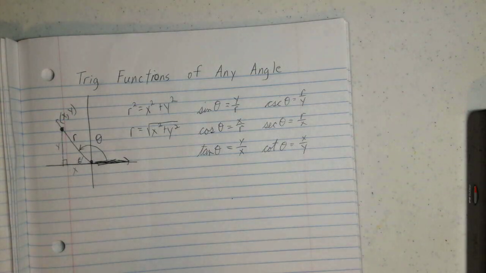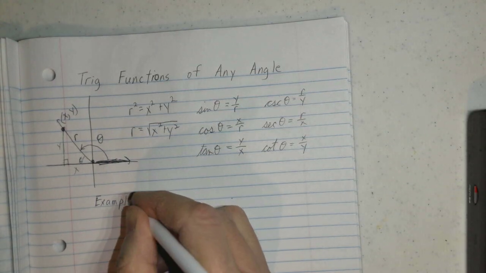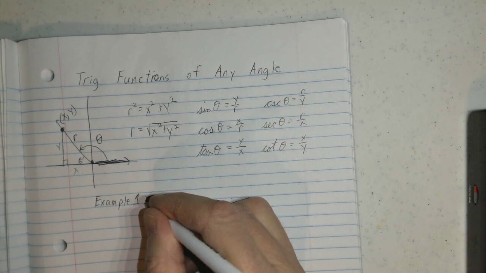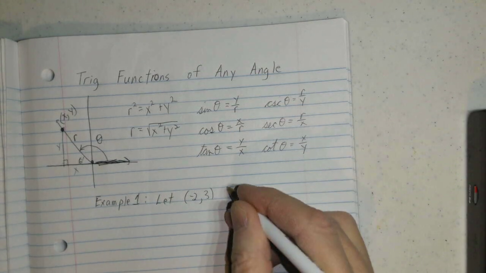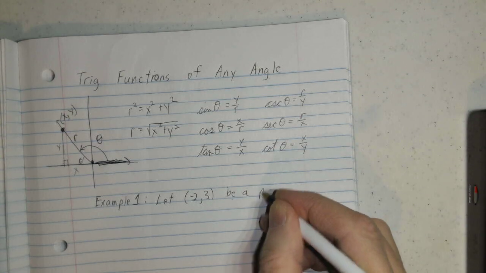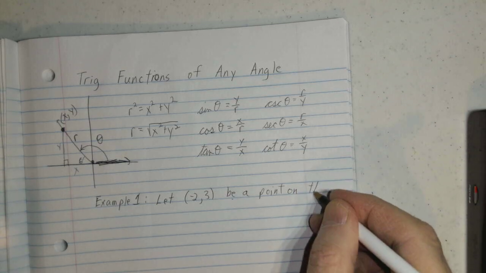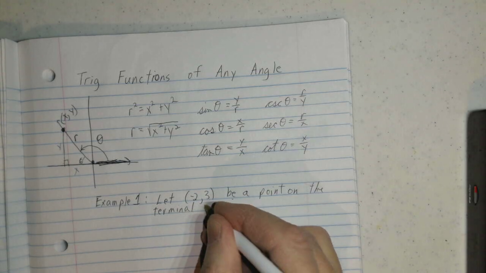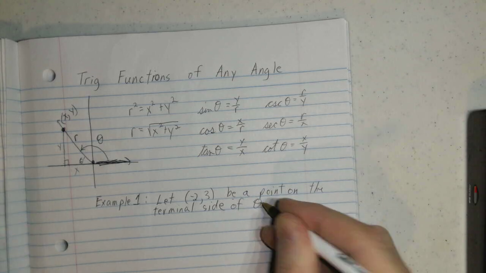Now, let's say I'm going to go to example 1 here. Let's say I have an angle in standard position. So we're going to let negative 2, 3 be a point on the terminal side of theta.